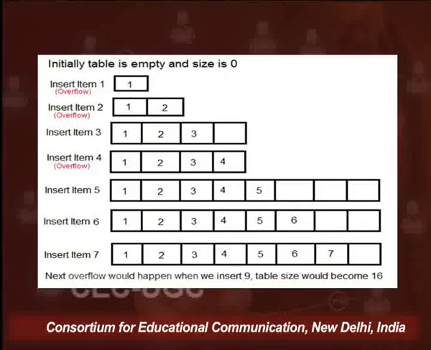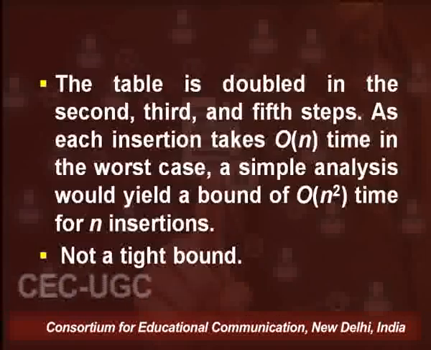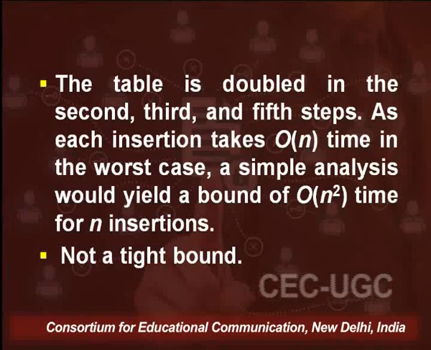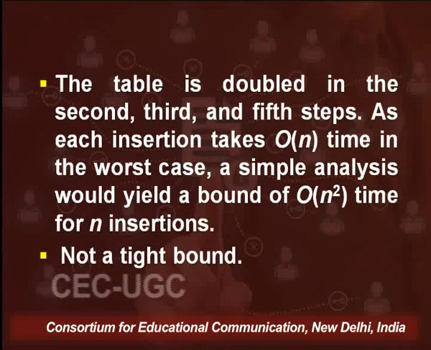So till this point, whatever we have shown in the figure, at step 2, step 3 and step 5, the table is doubled, and if we extend this, we can see that at step 9 also we have doubled the table. So the table is doubled at the second, third, fifth and ninth step, and each insertion is going to take order n time in the worst case.